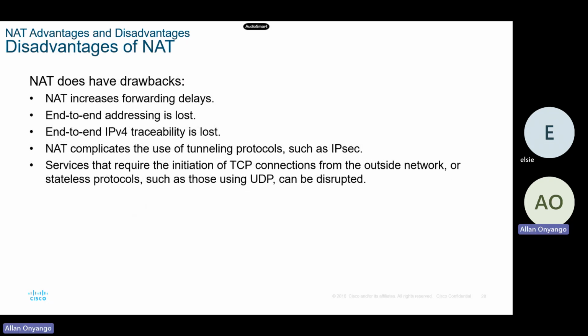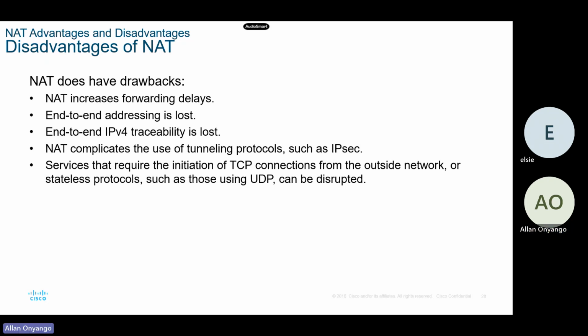Some drawbacks for NAT: NAT increases delays. You know, the process of translation from public to private and vice versa causes some delays, and we will be learning that some applications are not very comfortable with it. Of course, end-to-end addressing and end-to-end traceability is lost.